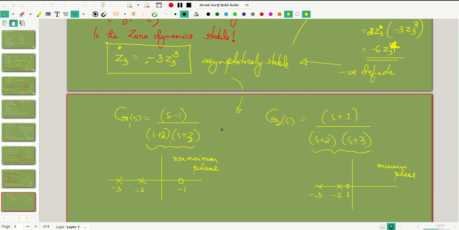Okay. So I will send you a problem where I will compare these two systems and show that the zero dynamics is unstable for a non-minimum phase system, and for a minimum phase system it is stable. It is also given in the Slotine textbook, showing an example which shows that it is stable for a minimum phase and unstable for a non-minimum phase system.